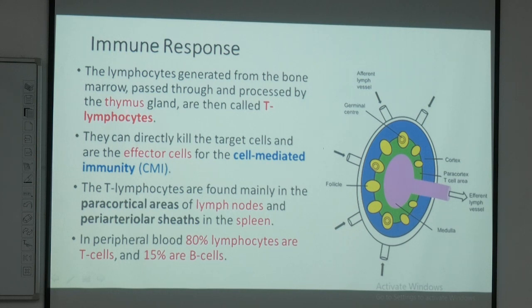They are produced in the bone marrow, then they pass through the thymus where they are matured. After it passes through the thymus, it also passes through the lymph nodes. So 80% are T lymphocytes and 15% are B lymphocytes, and T lymphocytes mainly control the cell mediated immunity.